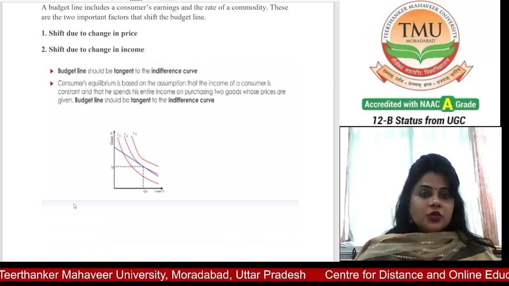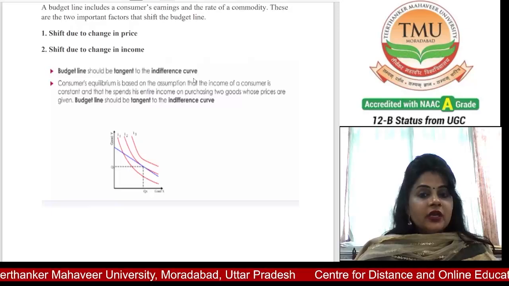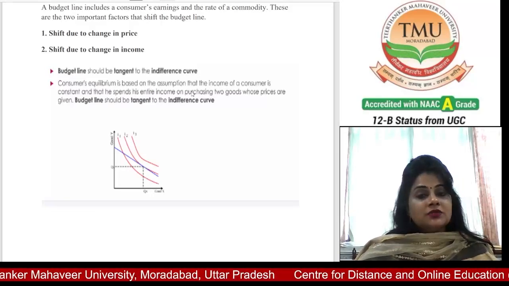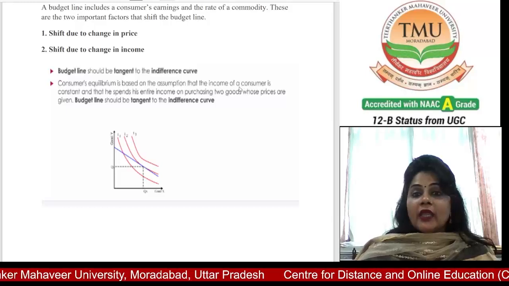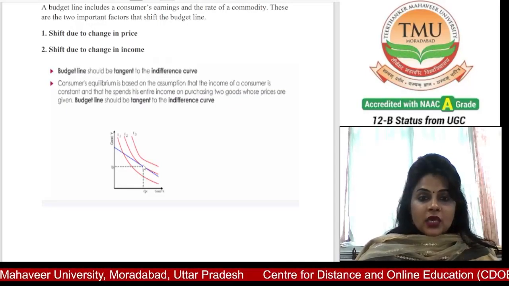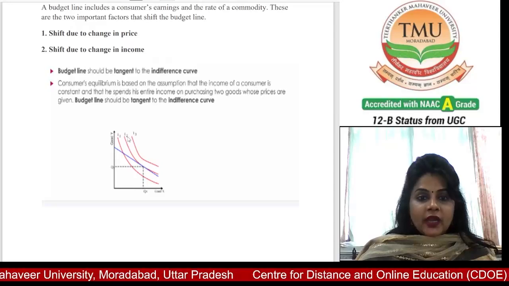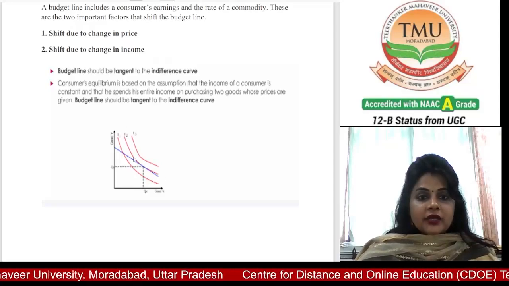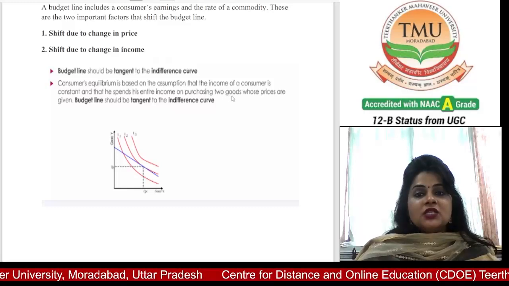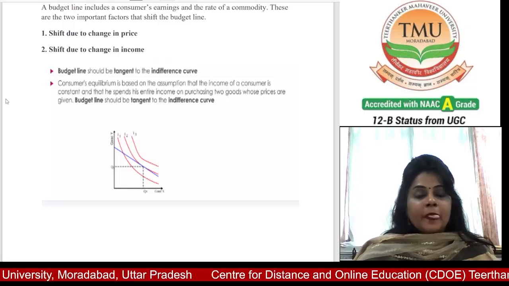Now, the budget line should be tangent to an indifference curve. Consumer's equilibrium is based on the assumption that the budget line of a consumer is constant. You can see here a budget line and indifference curves. The consumer spends his entire income on purchasing two goods whose prices are given.